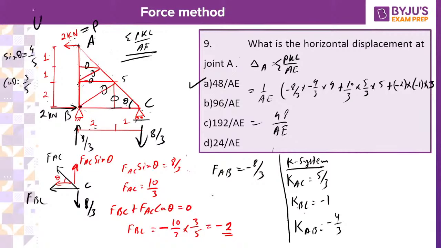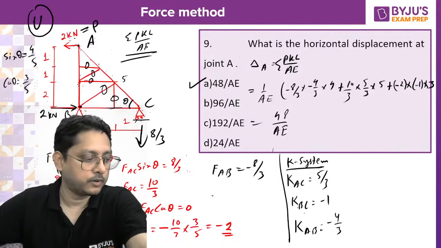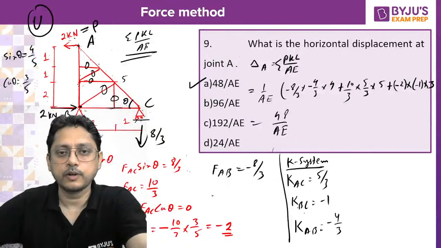Then after calculating the strain energy, partially differentiate with respect to P, and you will get the horizontal displacement at joint A. Right? So these are actually force methods which you are generally implementing. So in the GATE examination, the force method is slightly on the calculative side, more or less it is more calculation.